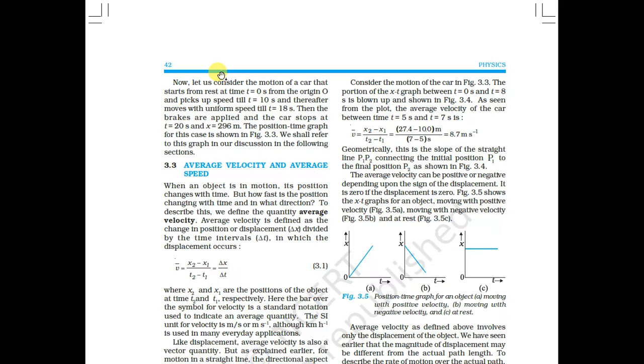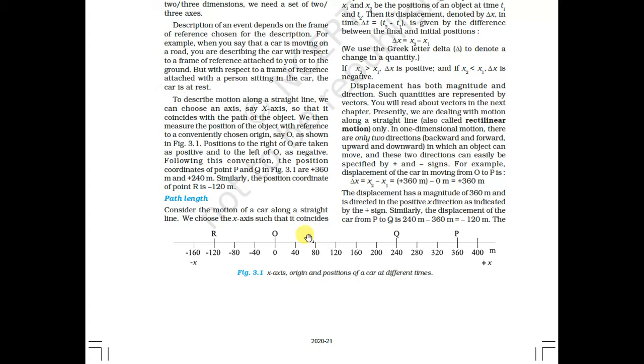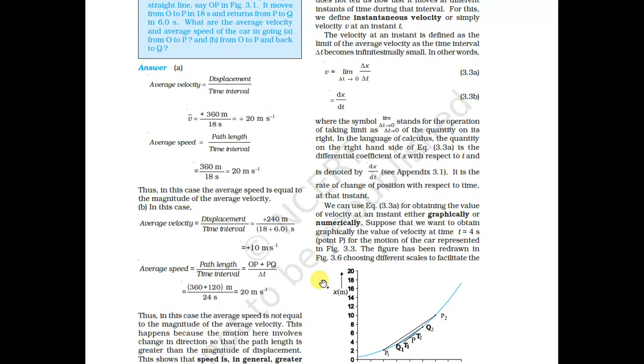The car goes from O to P and then comes back to Q. The displacement is the change in position, from the first position to the last position Q, so Q minus O, which gives us 240 meters. We divide by the time interval, delta t equals 18 plus 6 seconds, 24 seconds. So the average velocity is 10 meters per second.